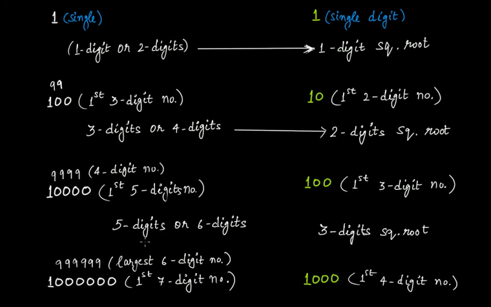That's why all those square numbers either having 5 digits or 6 digits will have 3 digits square root, because we are starting from 10,000 and this is 100, the first 3 digit number.